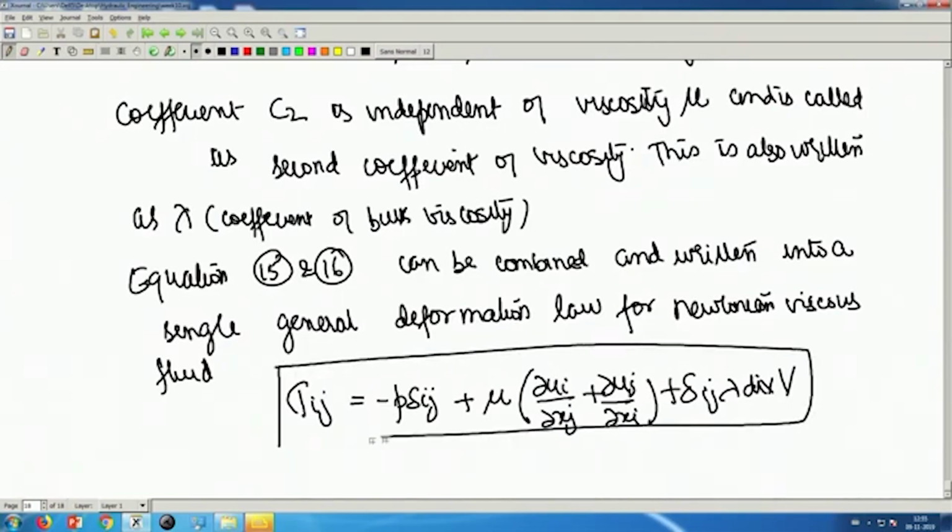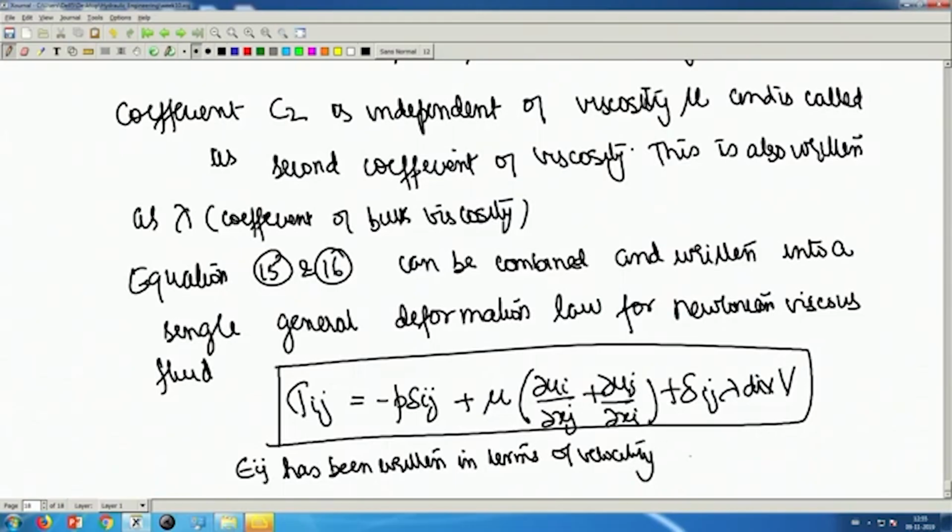Epsilon ij, if you remember, has been written in terms of velocity gradients.